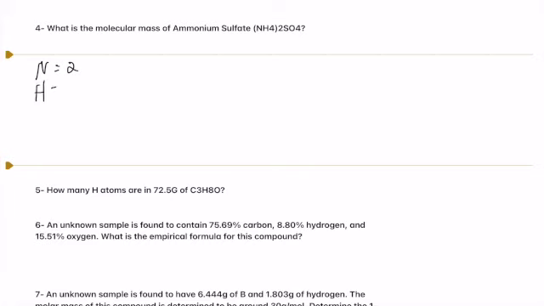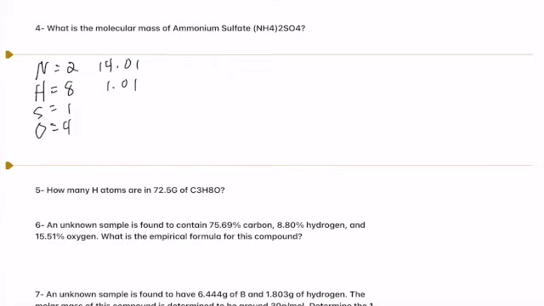Number 4, we're looking at the molecular mass of ammonium sulfate, NH4 2SO4. So to find molecular mass, we need to account for every atom that is in the molecular formula. We find there are 2 nitrogens, 8 hydrogens, 1 sulfur, and 4 oxygens.